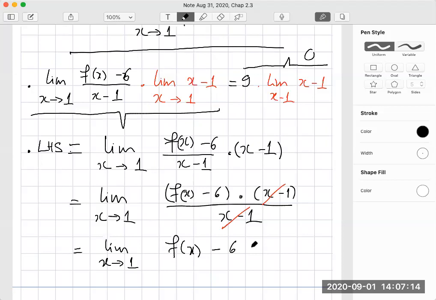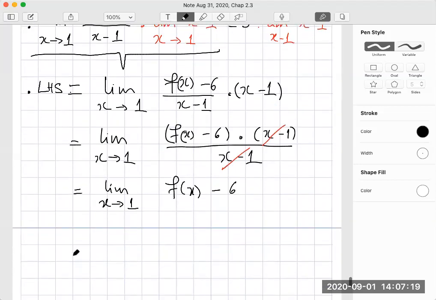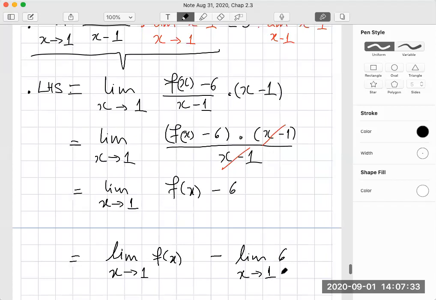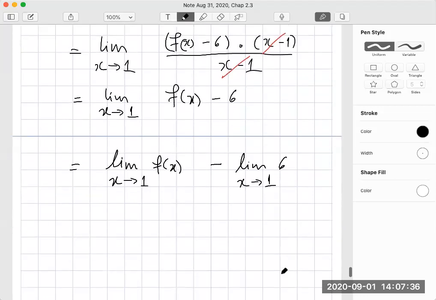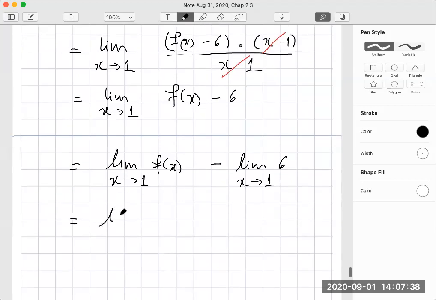And now, this is the difference. The limit of a difference is the difference of the limits, right? This rule, and here is the limit of function f of x when x approaches 1. This is the limit of a constant, which will be this constant.